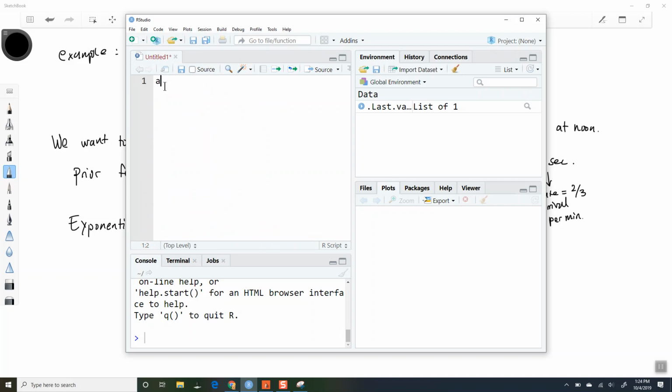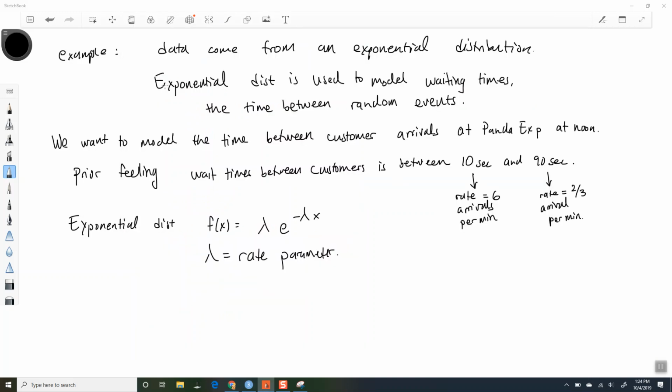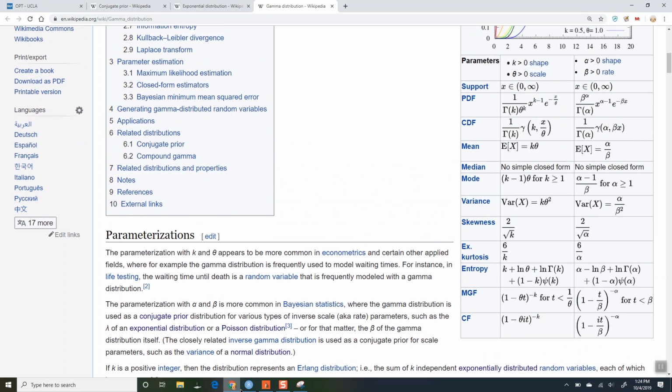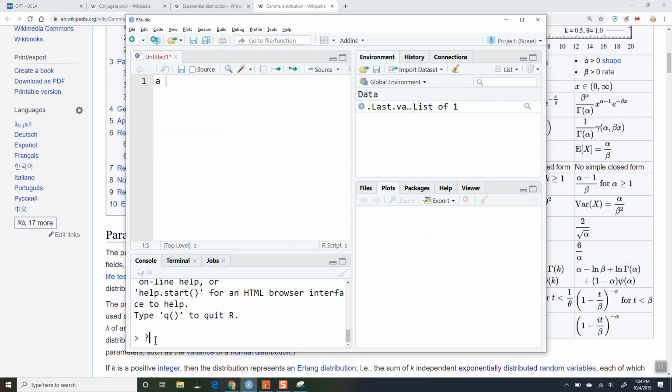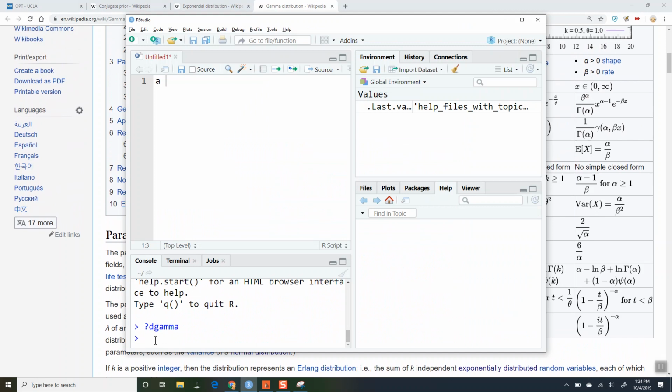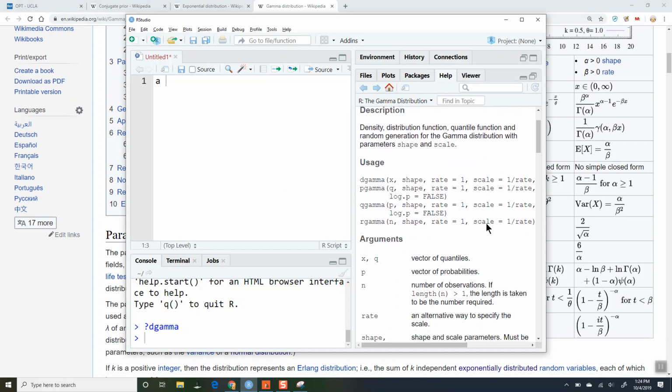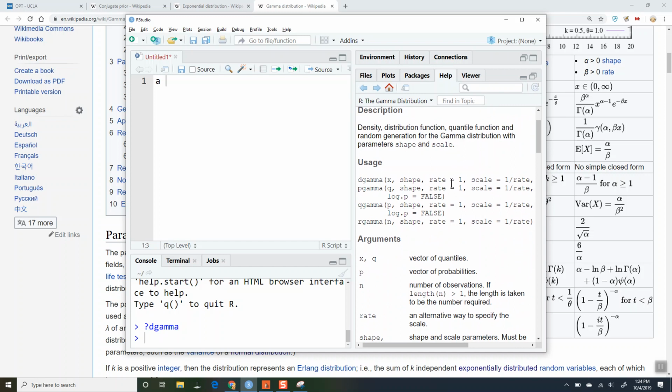I forget, so we're going to check how gamma is parameterized in R, okay? And it says we've got the shape and the rate. So I'm going to call shape something. We'll start off with 1, and then we'll say rate is equal to, I don't know, 4.